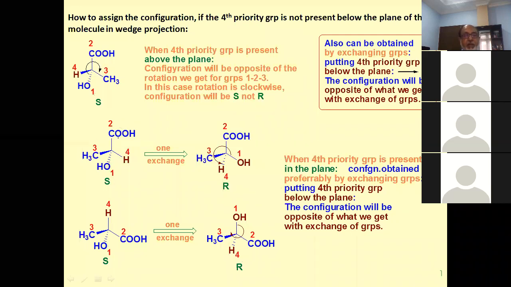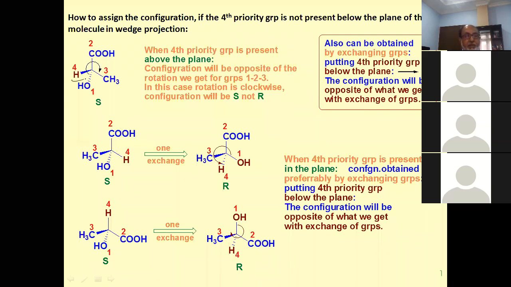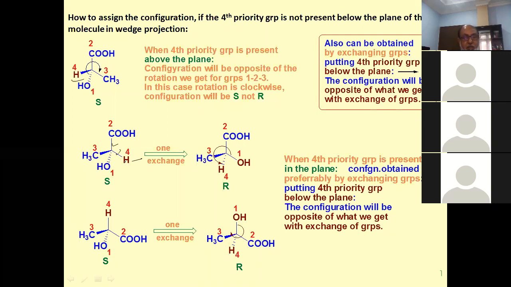Now here, if the fourth priority group is above the plane, whatever rotation you are getting, it is the opposite of that. But if it is in the plane, like here, where the fourth priority group is here and these two bonds are in the plane, then to get the actual configuration of this molecule, you bring this to the backside.